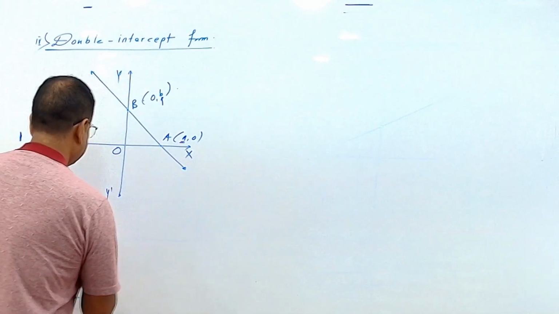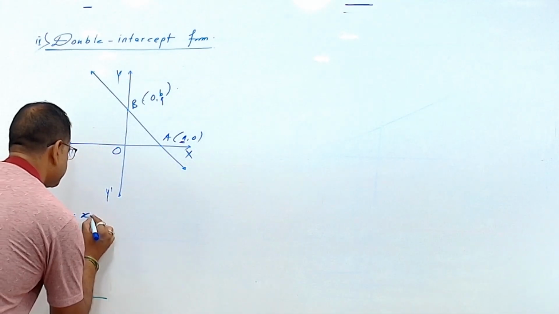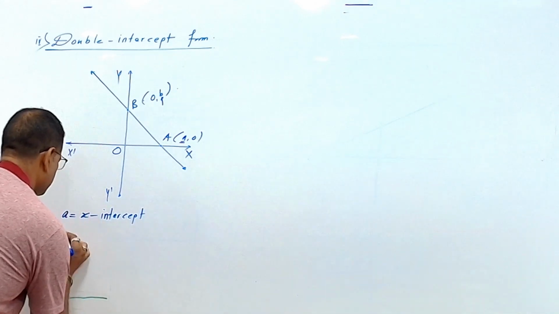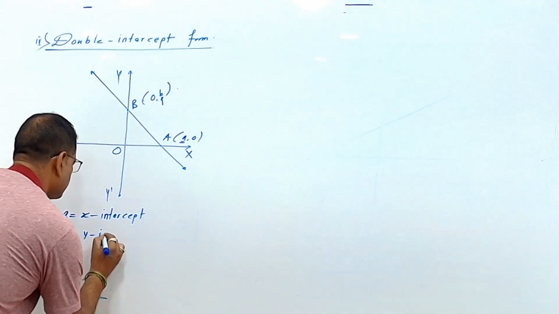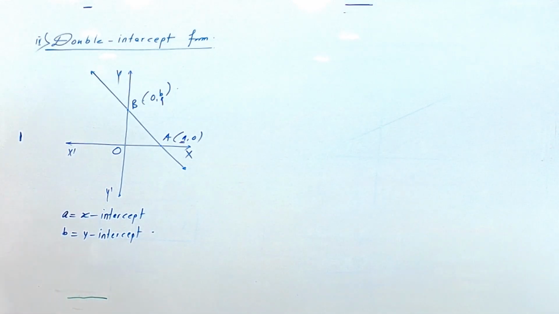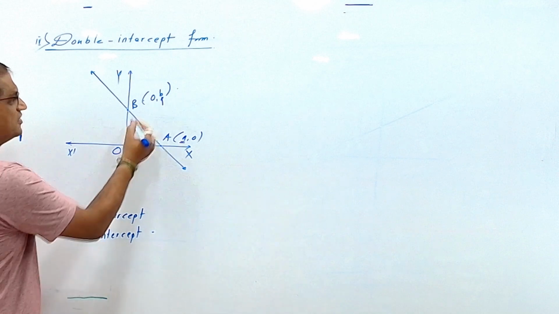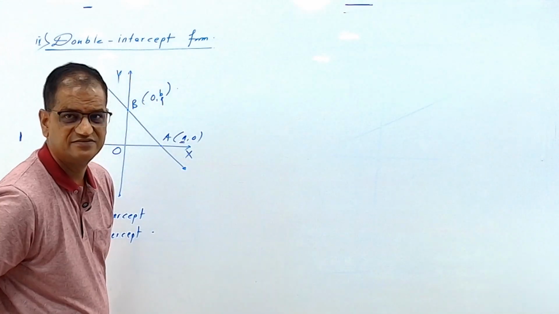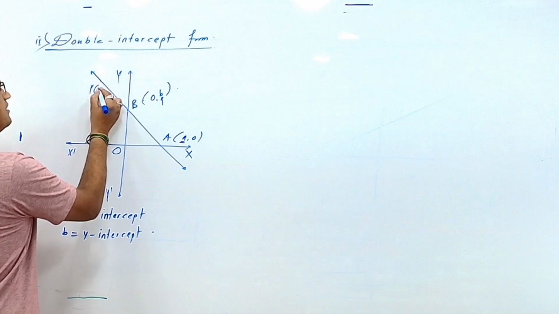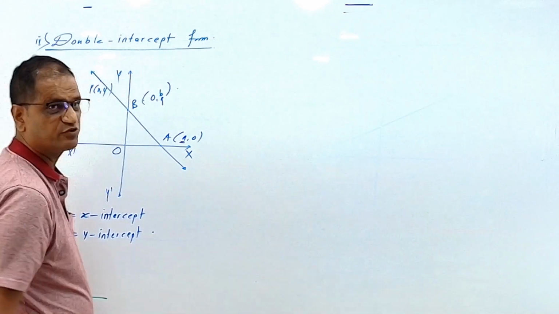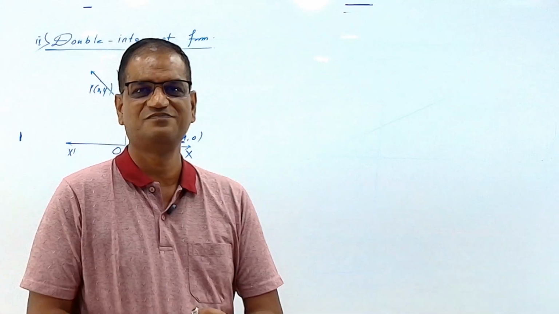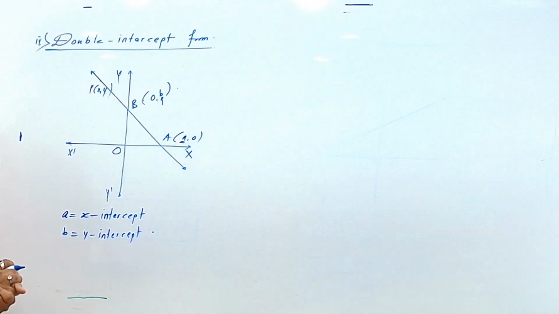So here I will say a is x-intercept, b is y-intercept, right? See, 2 points on the line is given. If I take a moving point P somewhere over here, having variable coordinates x comma y, can I use 2-point form? What is that 2-point form?